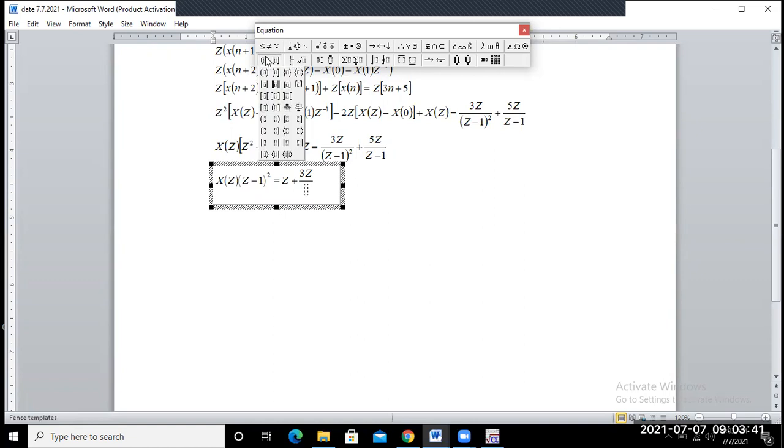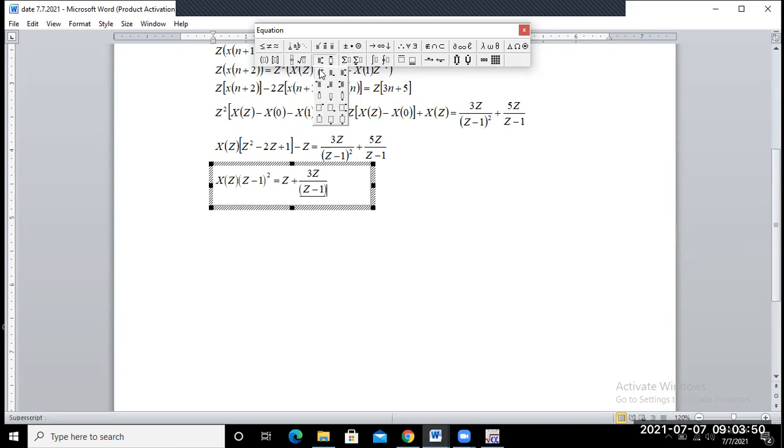Okay, so z minus 1 whole to the power 2, plus 5z by z minus 1.